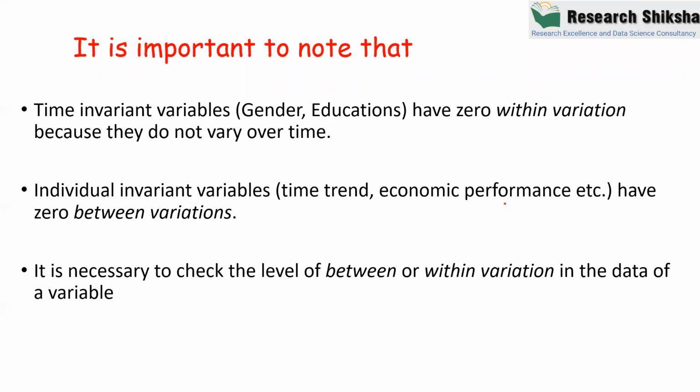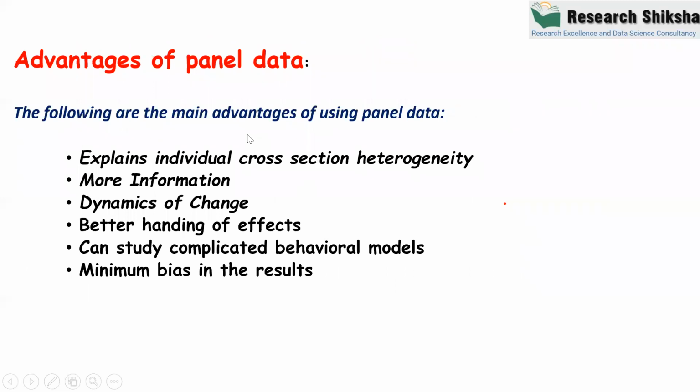Okay, so whenever you want to select the right panel data model for your data set, you must have clarity about which variable is time invariant and which variable is individual invariant. After that, if you understand the concept, the selection of the models will be very, very easy for you. Now these are the advantages of panel data.